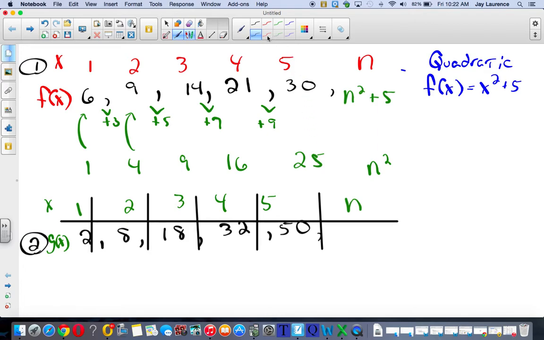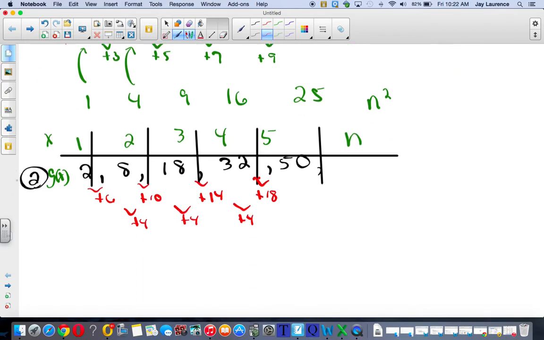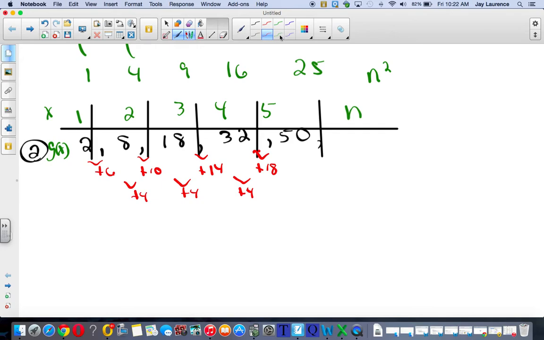So let's go ahead and find our differences. So we got plus 6, plus 10, plus 14, and plus 18. And it looks like my second differences are all plus 4. So it's going to be some type of n squared.